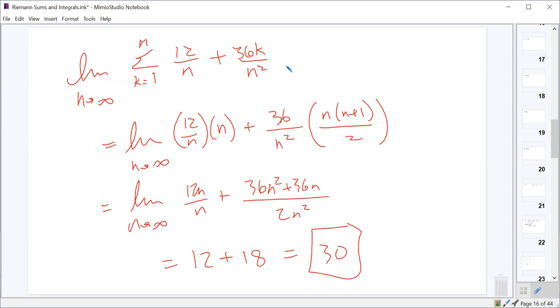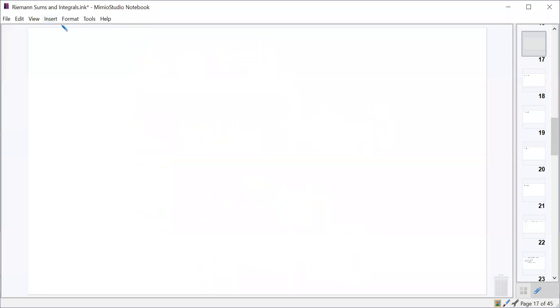Oh, you're talking about when I went from here to here? Yeah, so I'm summing together 36 over n squared times k. Remember that k is each of these numbers increasing by 1. Let me put this on another page real quick.